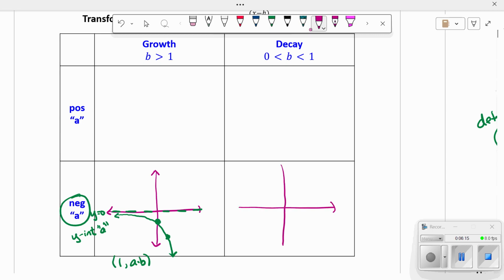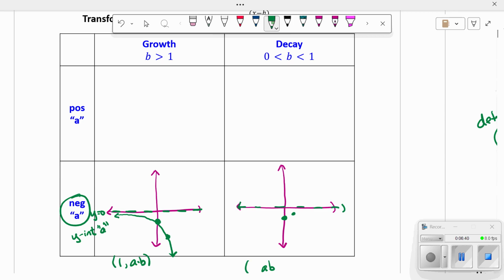Let's take a look at negative decay. For negative decay, my asymptote is in the same spot it always is. Negative a value means my intercept is down here, it's negative. But then if I have my a times b, where b is some fraction, it's going to cut a to be smaller.